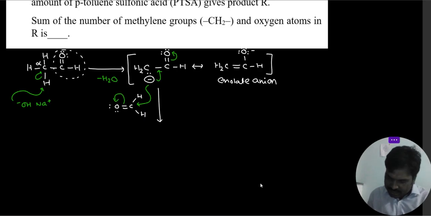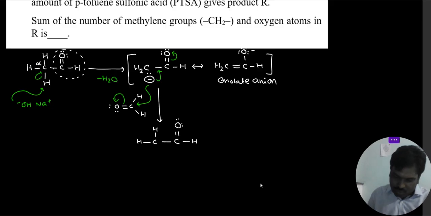Then CH2, C double bond OH. Now a new carbon-carbon bond formation takes place here, giving CH2O minus. Understood? Now followed by protonation.